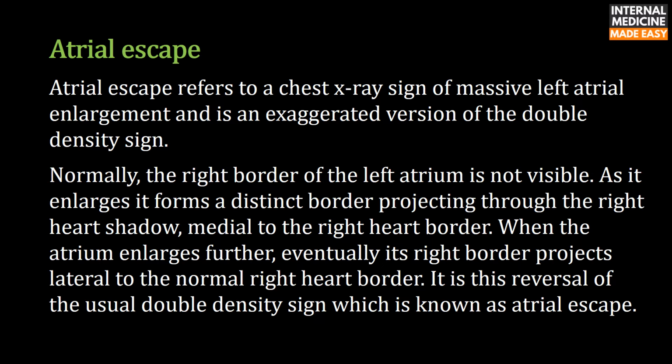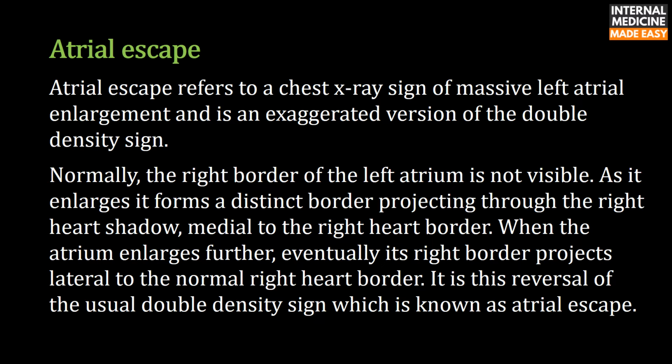Atrial escape refers to a chest X-ray sign of massive left atrial enlargement and is an exaggerated version of the double density sign. Normally, the right border of the left atrium is not visible. As it enlarges, it forms a distinct border projecting through the right heart shadow, medial to the right heart border.